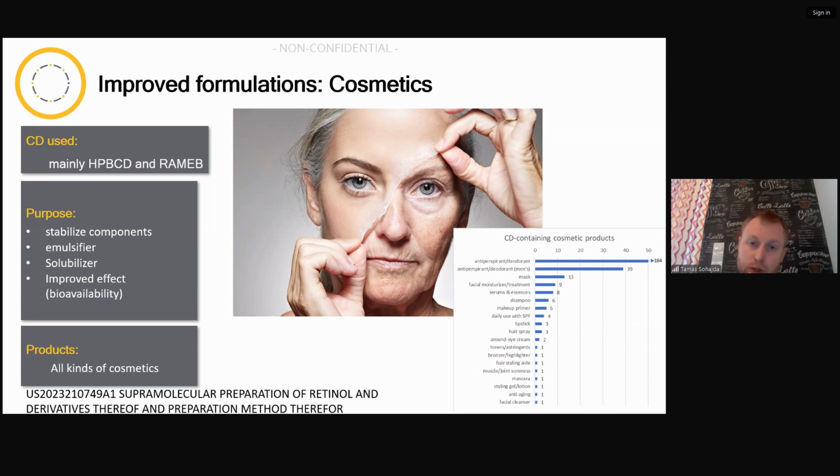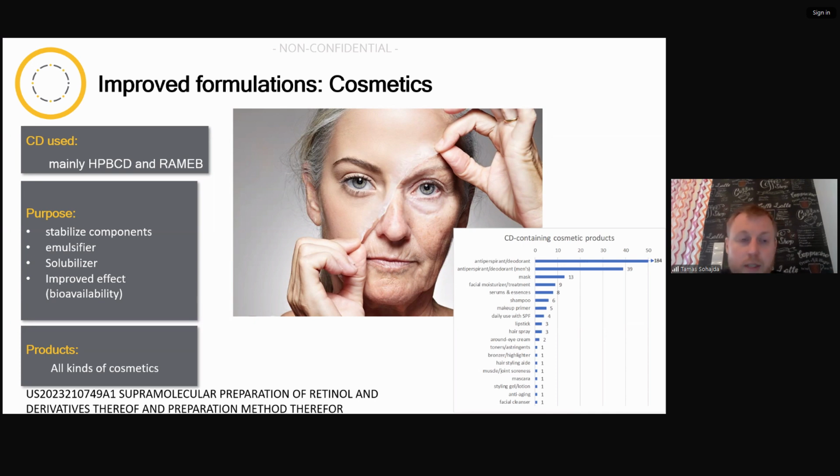What we also have to stress is that they're cheaper than the derivative cyclodextrins. These are chemically modified versions of cyclodextrin: a hydroxypropylated beta cyclodextrin, a methylated beta cyclodextrin. And this chemical modification, of course, comes with a cost. So these derivatives are somewhat more expensive.